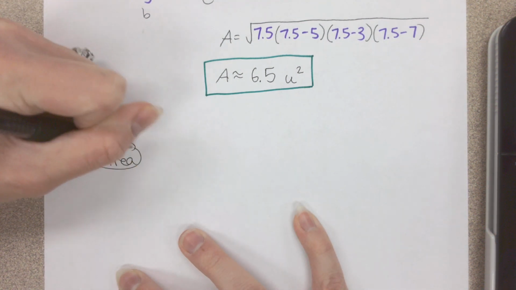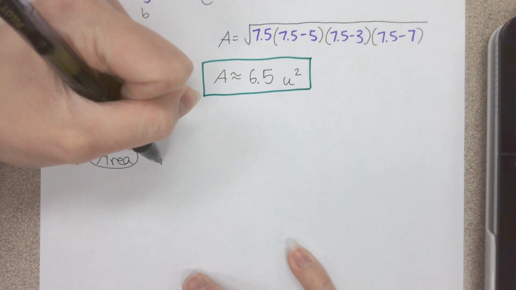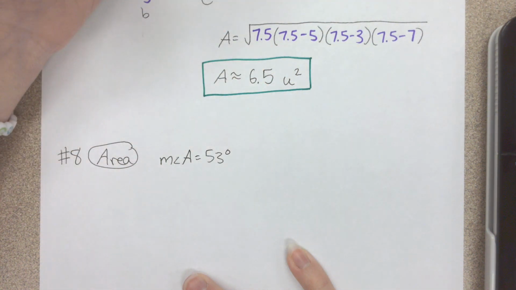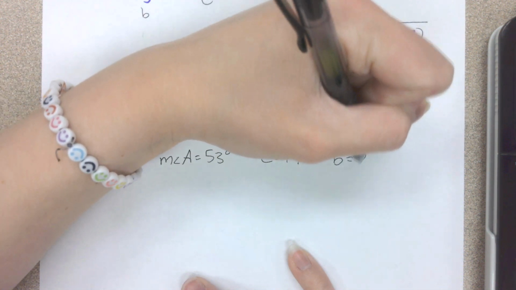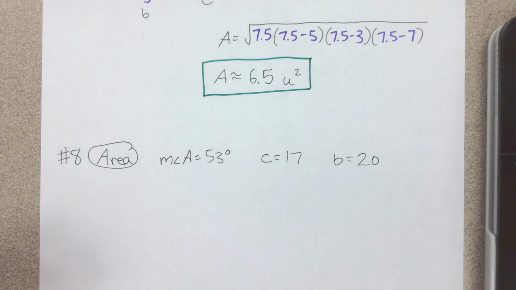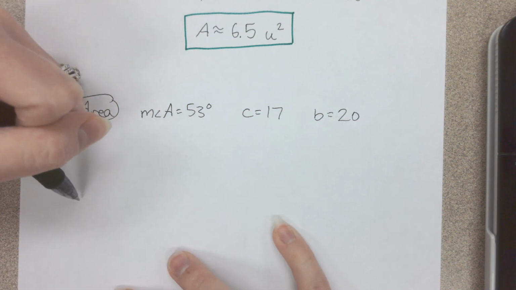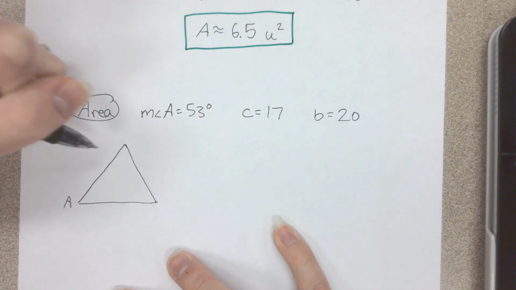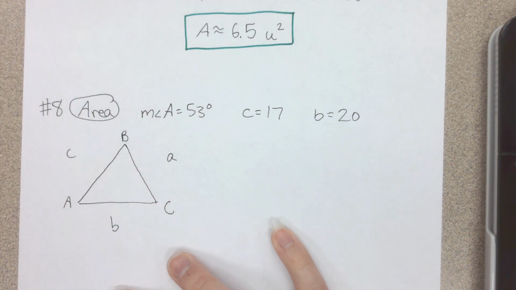Again, this is an area problem still. Our givens: the measure of angle A is 53 degrees, C is 17 and B is 20. Triangle ABC, little a, little b, little c.